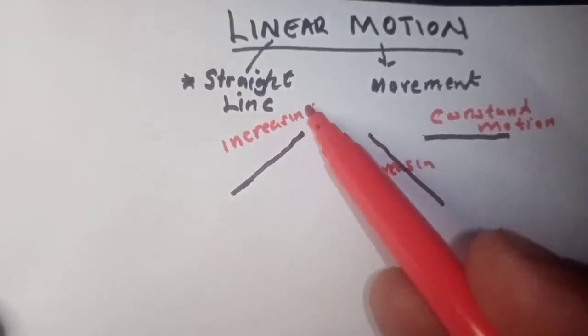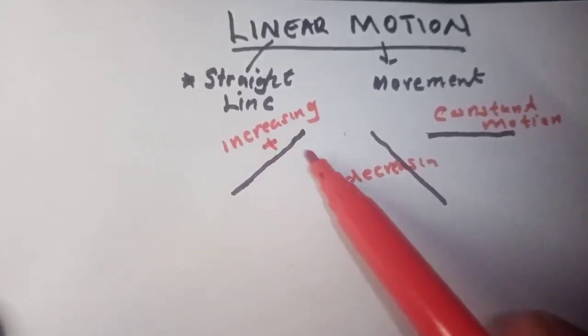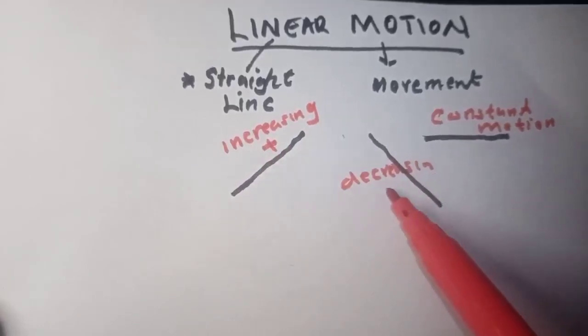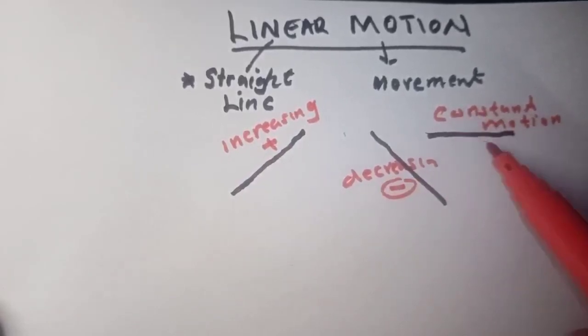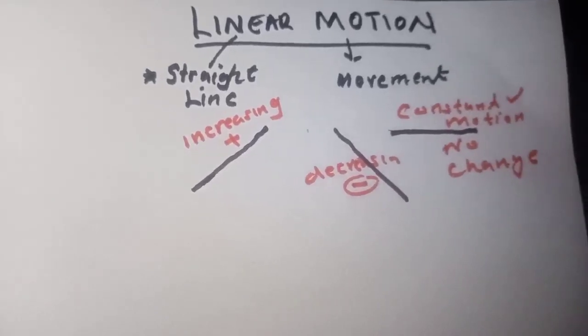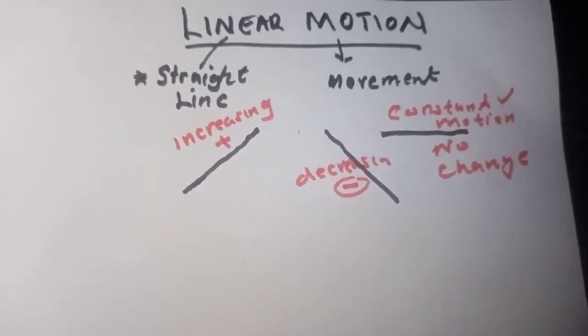Increasing motion simply means it's in the positive direction. This is in the negative direction. Constant means there's no change, absolutely no change.